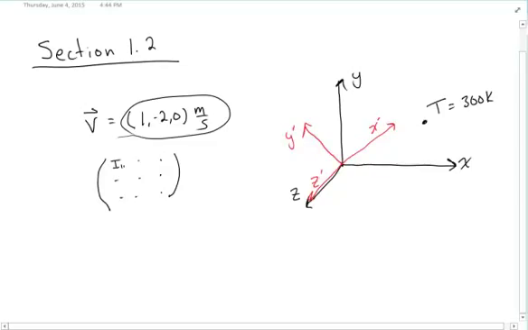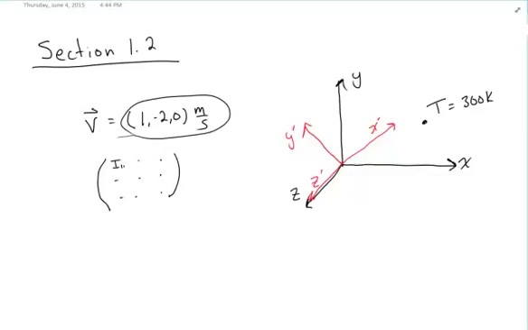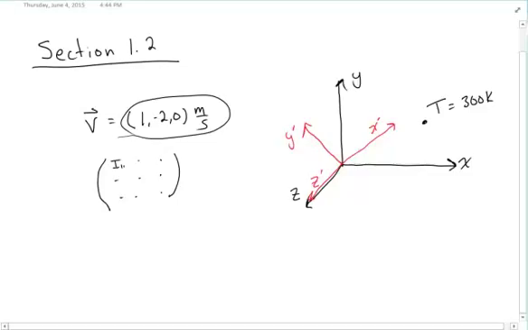I want to say, well, what is the temperature at this point in space in my new coordinate system? Well, a scalar shouldn't change just because the coordinate systems have changed. So, what we would say is that the temperature at some point x naught, y naught, z naught should be equal to the temperature at the same point in the transformed coordinate system, x naught prime, y naught prime, and z naught prime.